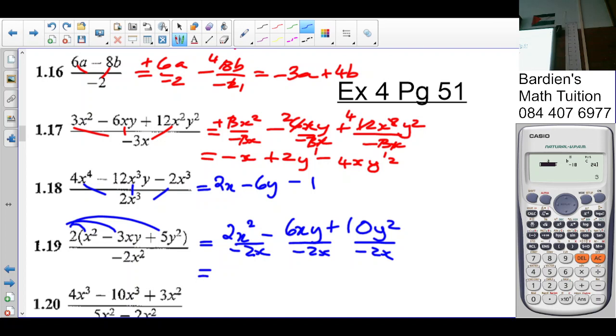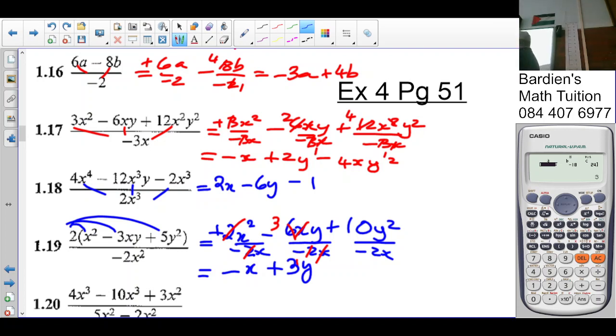So this gives us positive divided by negative, negative. 2 cancels 2, not so? Leaves you with 1x. What's negative divided by negative? Positive. 2 goes into 2 once, 2 goes into 6 three times. So it's 3. The x's cancel, not so? 3, 1.